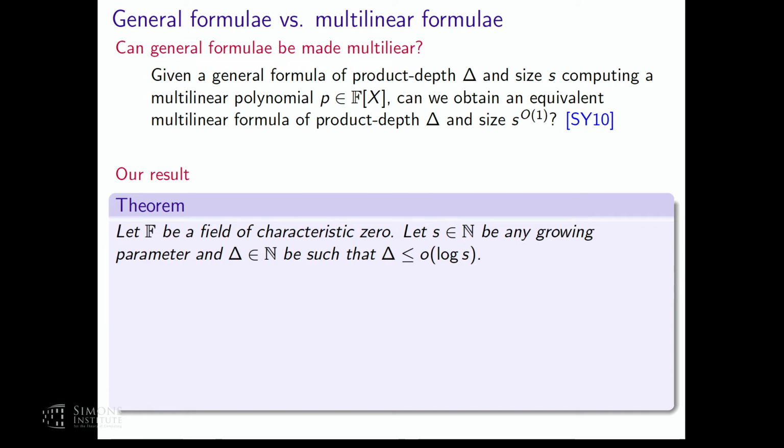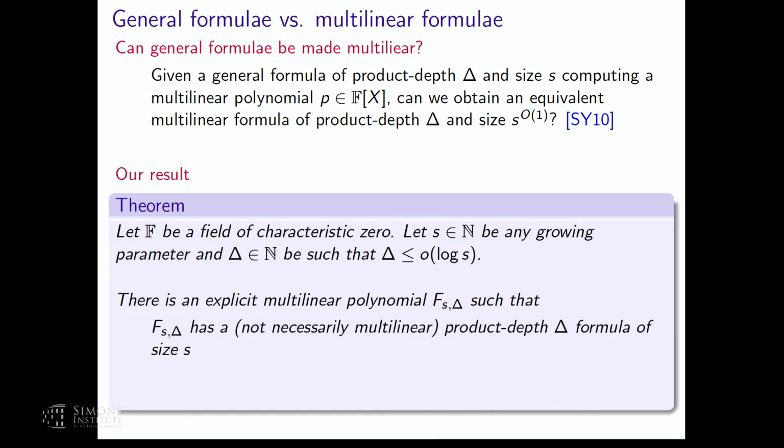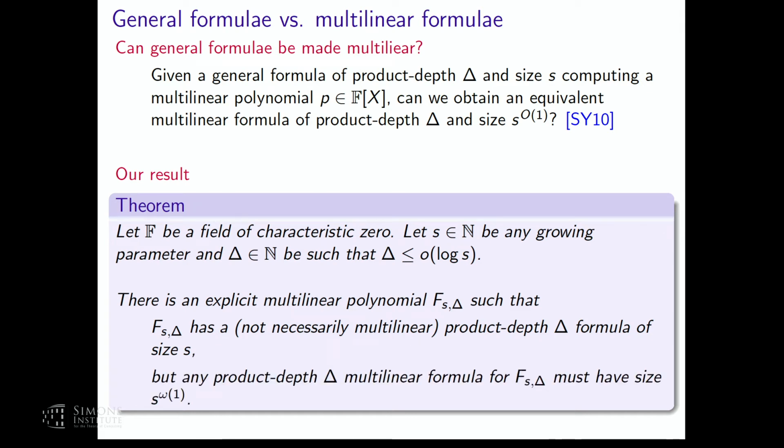So the field is of characteristic 0, S is any growing parameter, delta is such that delta is little o of S. There is an explicit multilinear polynomial, say f_{S,delta}, such that it has a product depth delta formula of size S, but any product depth delta multilinear formula for this must have growing superpolynomial size. So that is the statement.